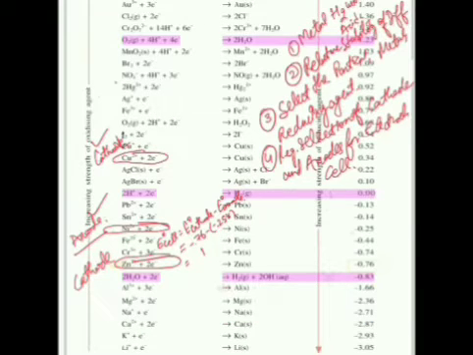So it will come out to be minus 0.51 volt. So we can see here that the resultant value is negative, which gives us the idea that this particular combination of electrochemical cell cannot work.